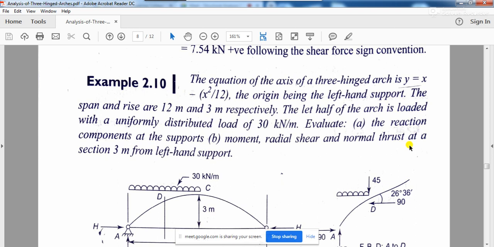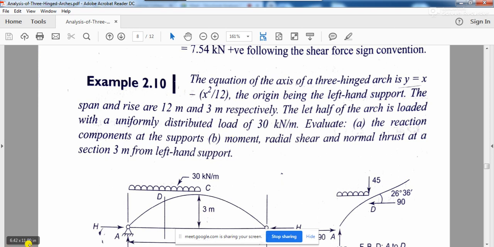Okay. So this problem talks about a 3-hinged arch. First thing, you should remember, again I am repeating, a 3-hinged arch is a determinate structure, and the equation of the axis of a 3-hinged arch is y is equal to x minus x squared by 12.